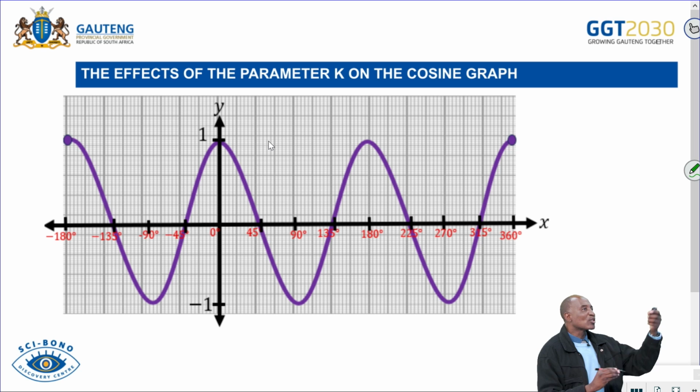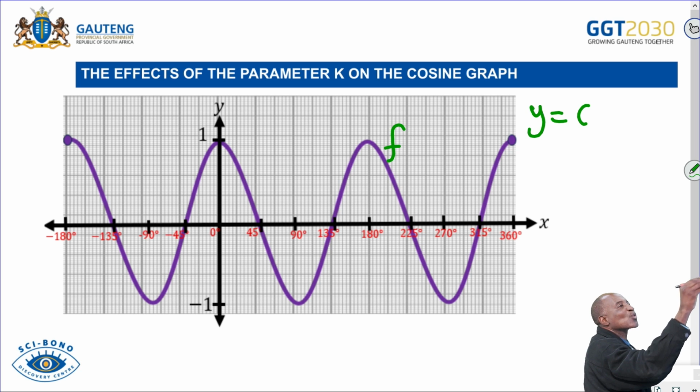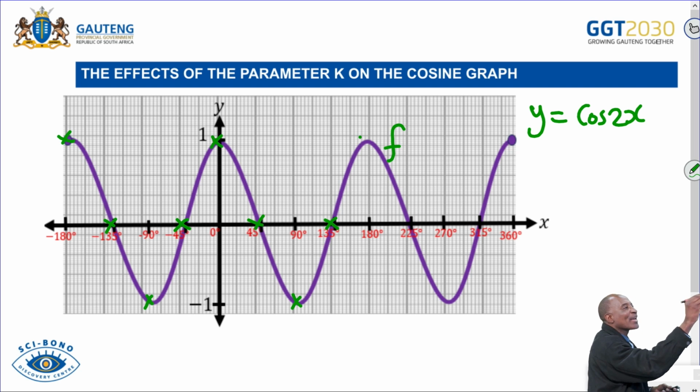I've decided to introduce a parameter. This is my graph f, which is defined by y equals cos of 2x. Plotting the points again, negative 180 is 1, negative 135 is 0, negative 90 is negative 1. You mark all your points. That's what we mean by point after point.